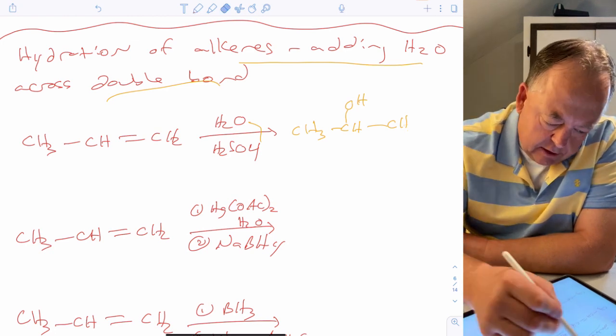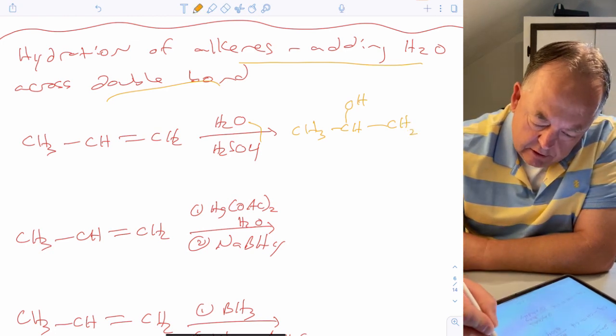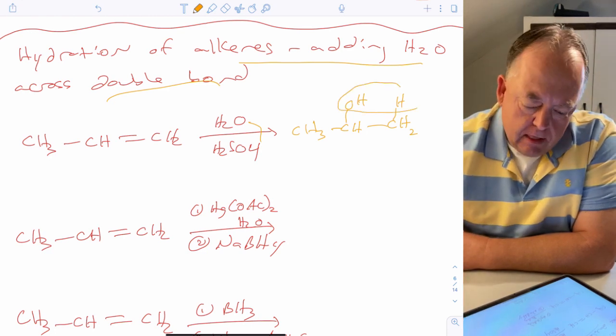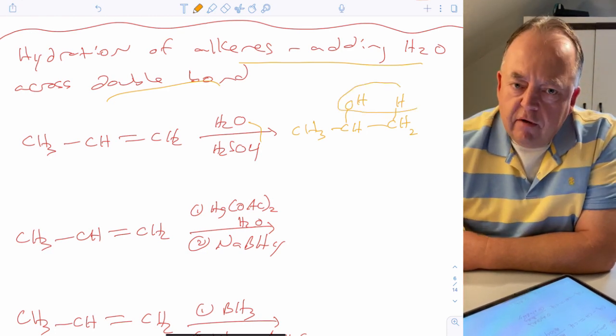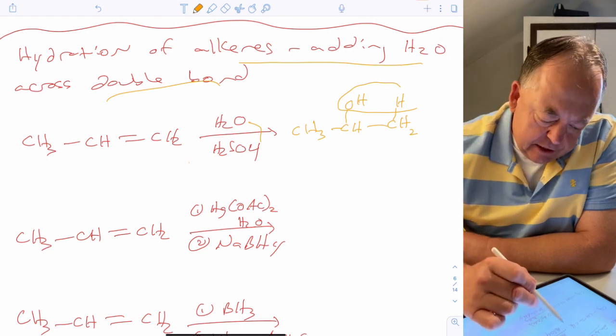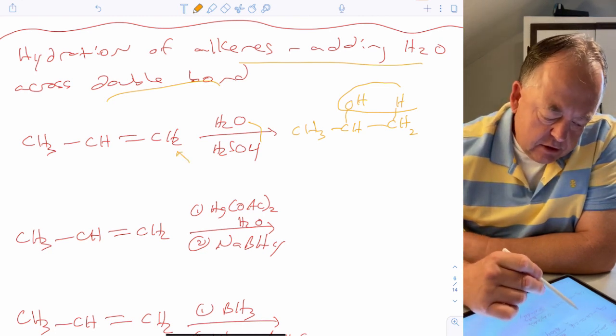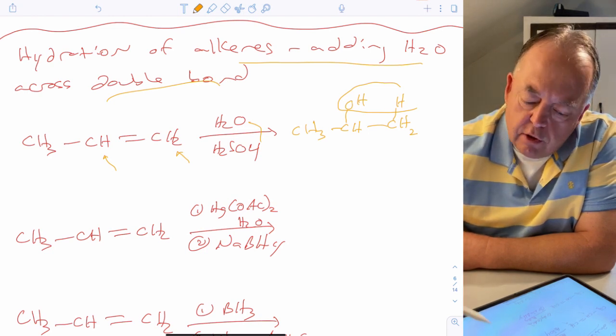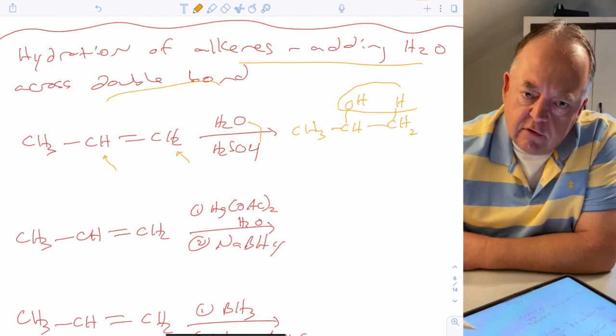Or let's sketch it like this so that you can see. So we added H and OH across the double bond. So was that Markovnikov or anti-Markovnikov? Well, hydrogen went to that carbon which has 2 hydrogens, and OH went to the one which has 1 hydrogen. So you put the hydrogen on the carbon with the most number of hydrogens, so that's a Markovnikov addition.